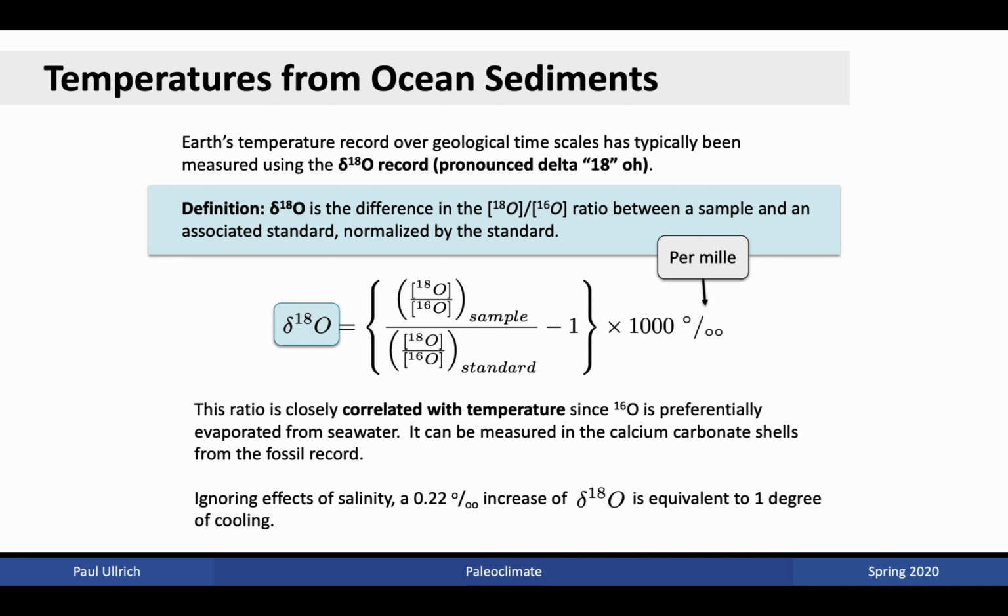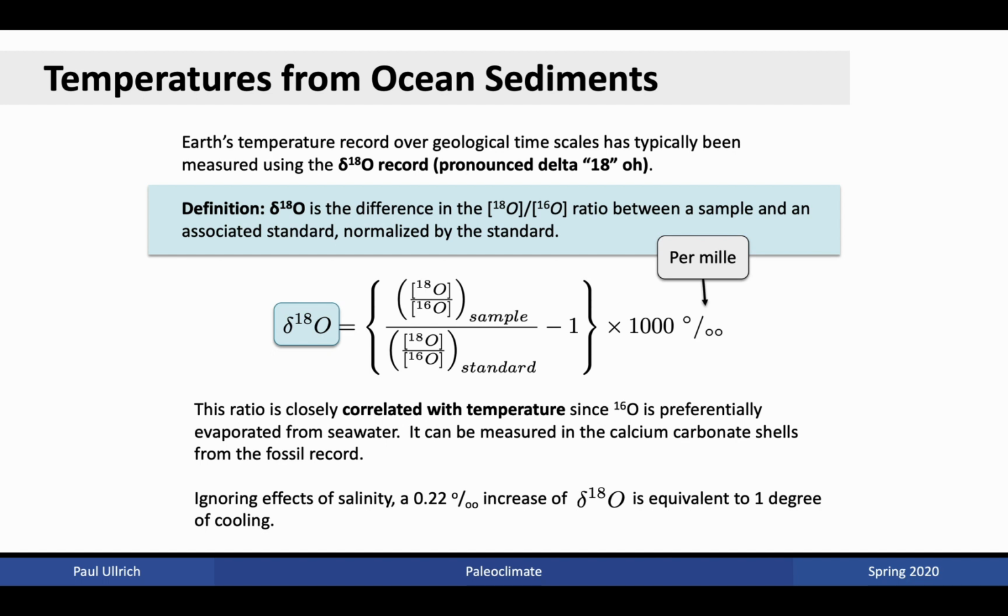Formally defined, delta 18O is the difference in the 18O divided by 16O ratio between a sample and an associated standard, normalized by that standard. That is, a value of 0 corresponds to a ratio which is exactly the same as that of the standard. Typically, this is expressed in per mil.